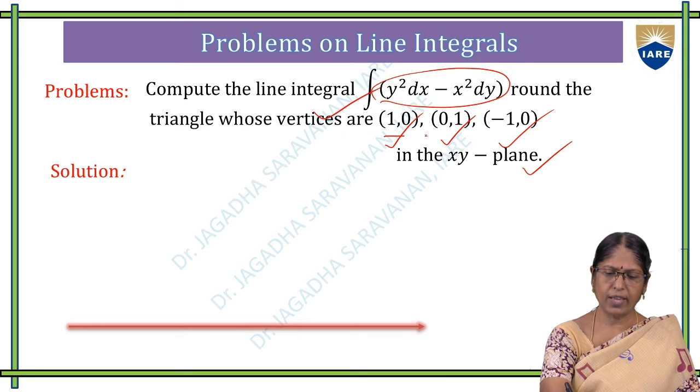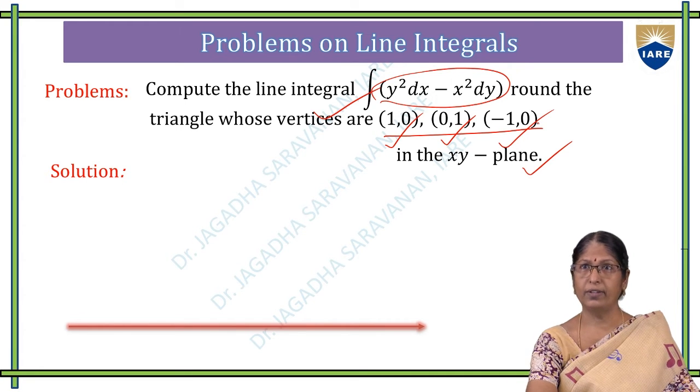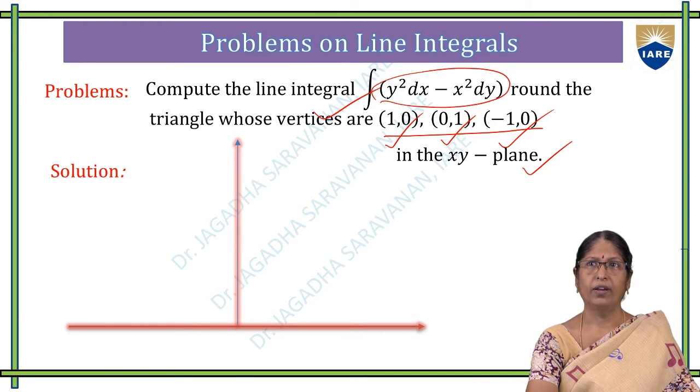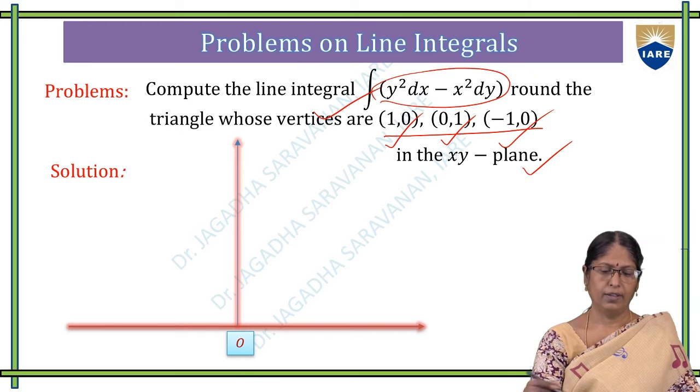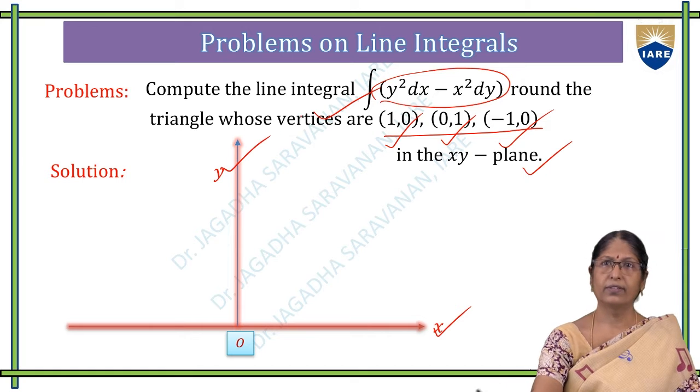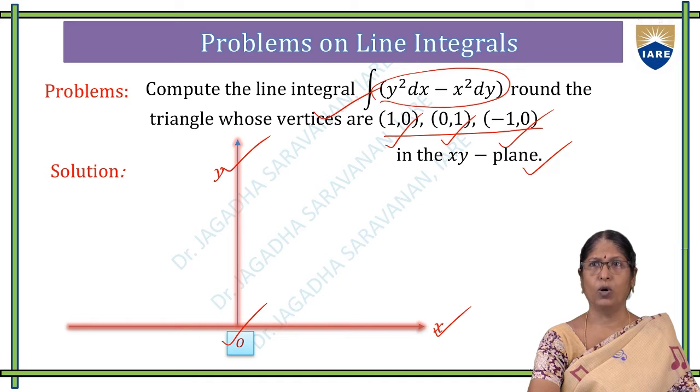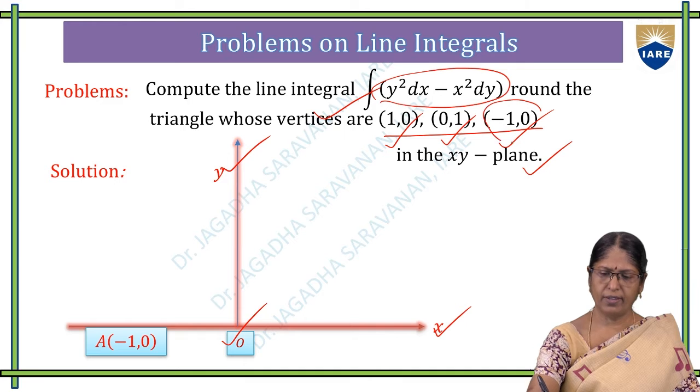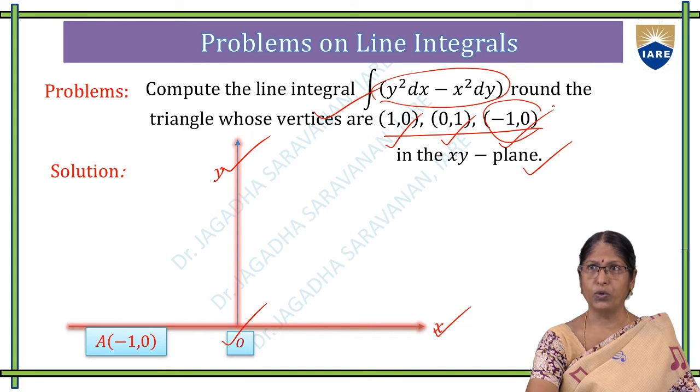Now, with the help of the coordinates of the vertices, we will draw the diagram. That is the x-axis, y-axis, and here the origin, that we name O. The vertex minus 1, 0. So minus 1, there is a point minus 1 on the x-axis.